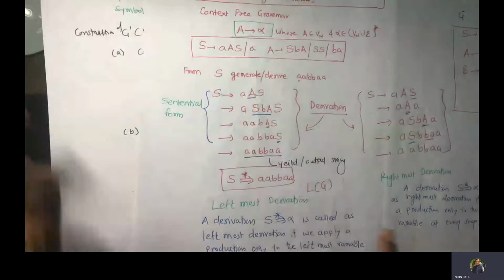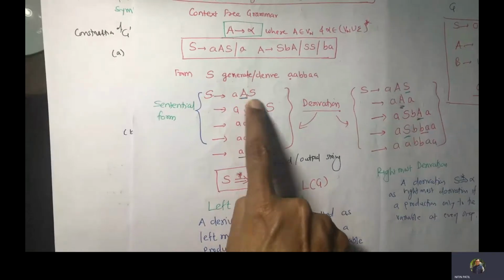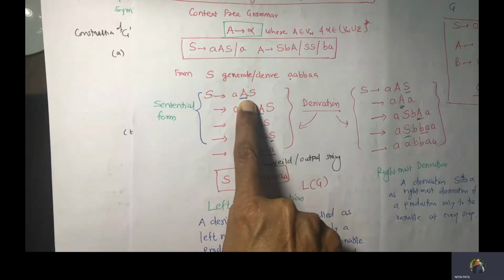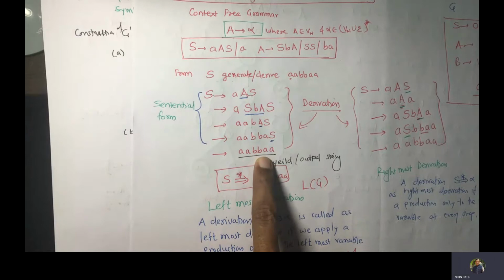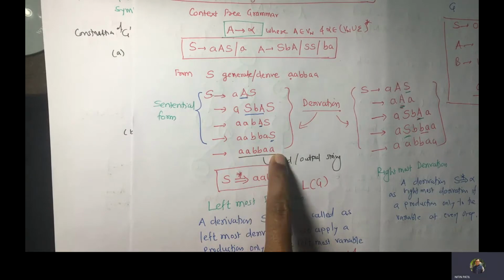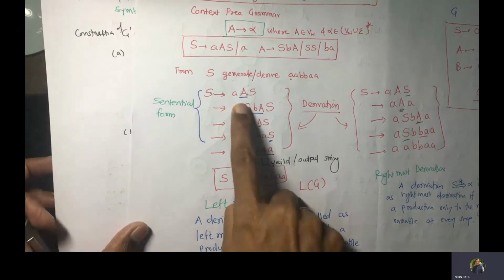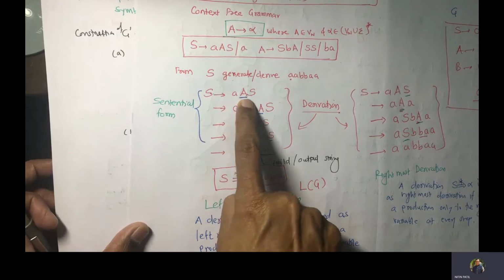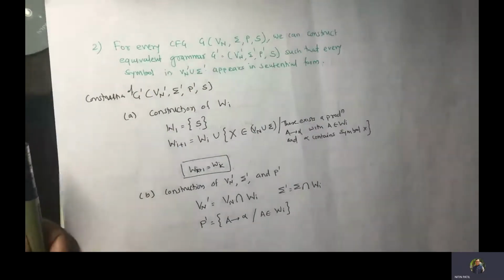We said whatever is appearing towards the right side would be part of a sentential form if it is not a direct terminal; it can be any combination. In this case, this AAS is appearing in a sentential form here. Correct. So we are using that strategy over here.